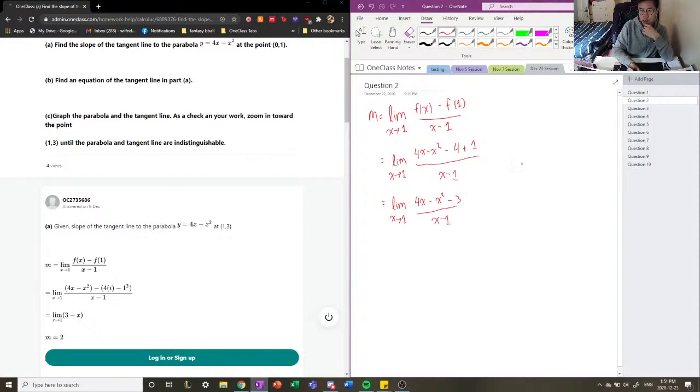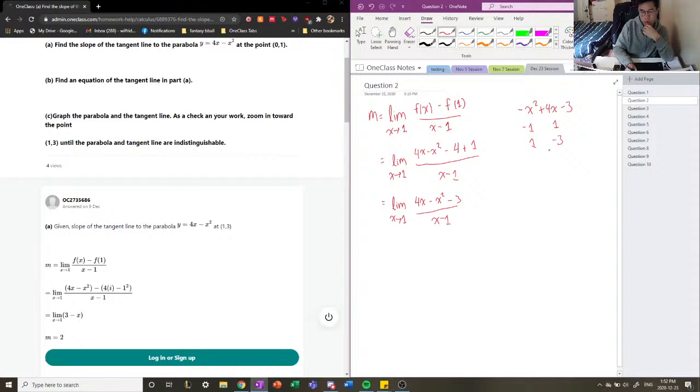If we factor the top, we have negative x squared plus 4x minus 3. This is my side work here, I'm just going to factor this. The factors are negative 1 and 1, and negative 3 and 1.